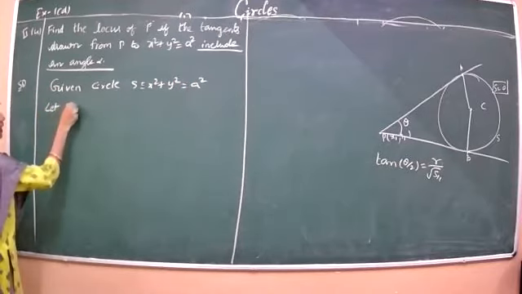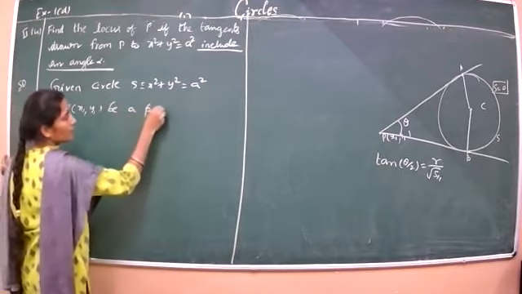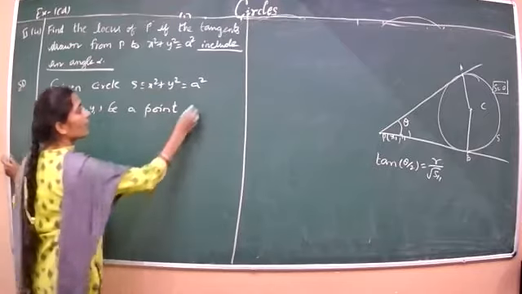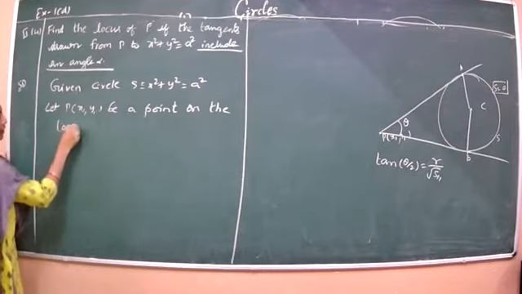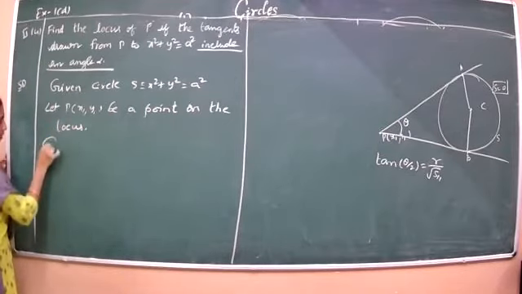Let P (x1, y1) be a point of the locus. Whenever we need to find the locus, we have to choose a point first. Then what is the geometric condition satisfied by P, children?